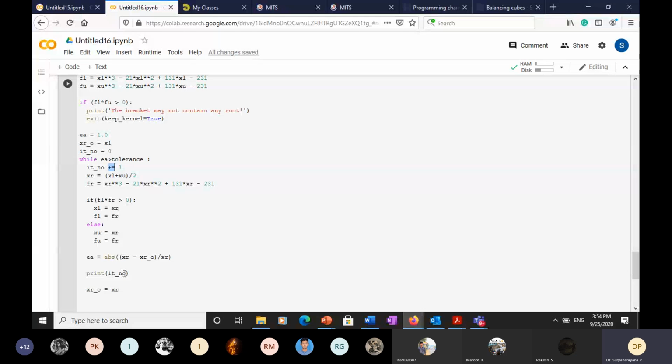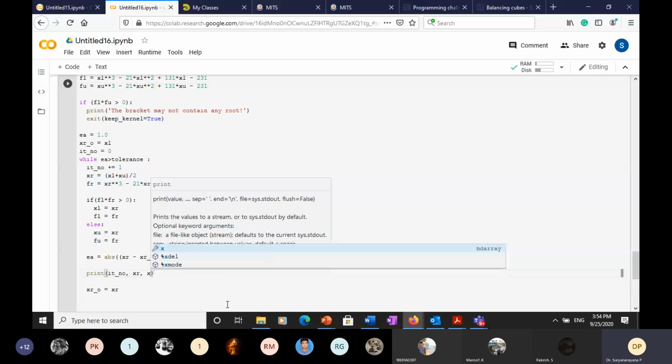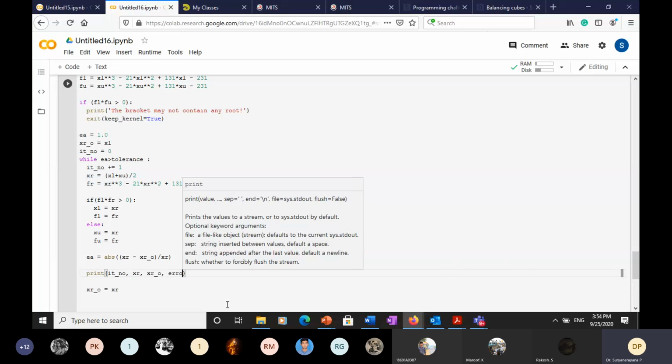I'm doing that so that I can print. I'm trying to get an output where I'll print a table: iteration number, comma, XR, comma, XR old, comma, error. I think this will make it clear for you.